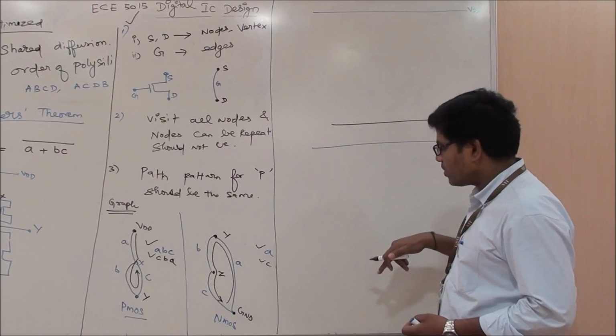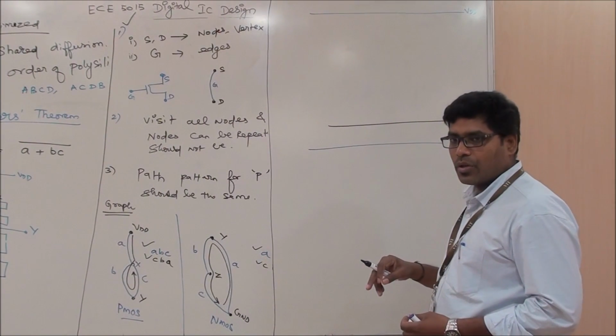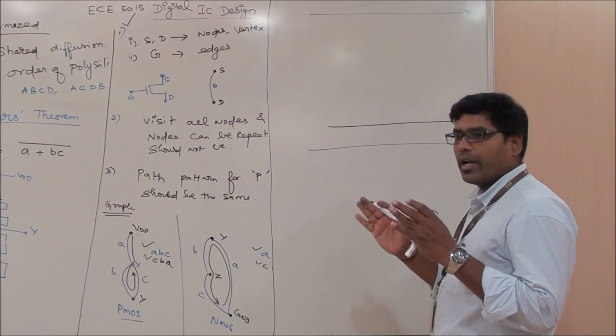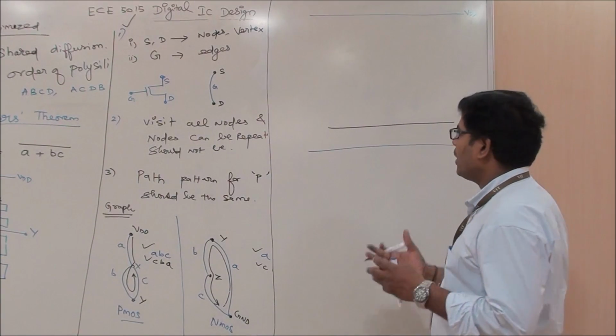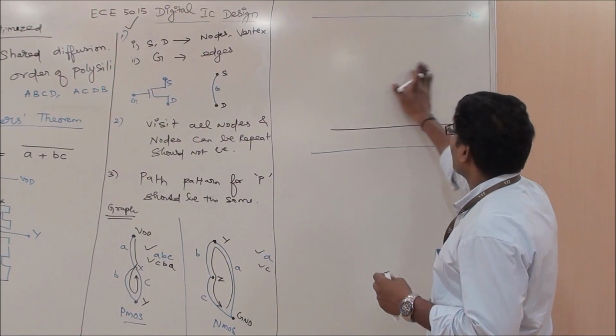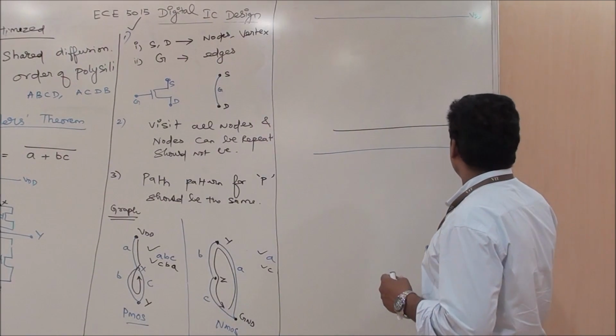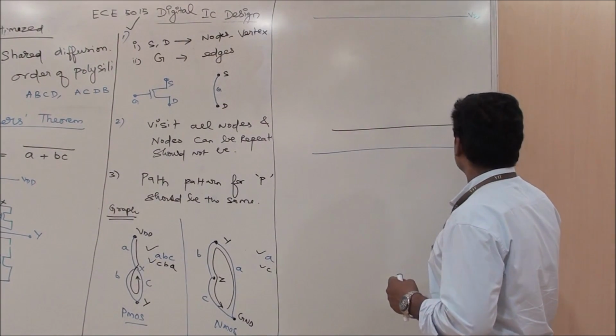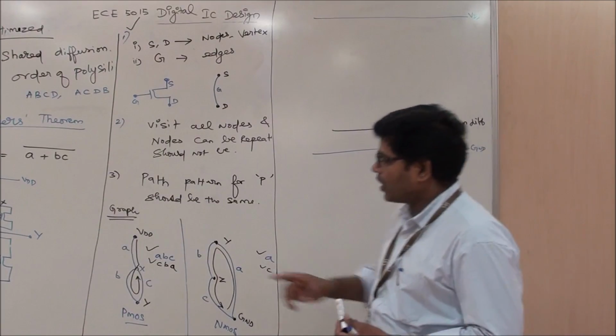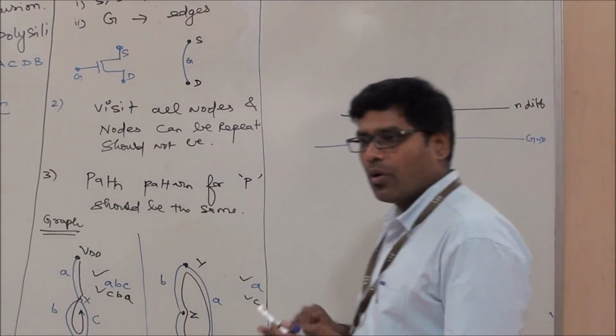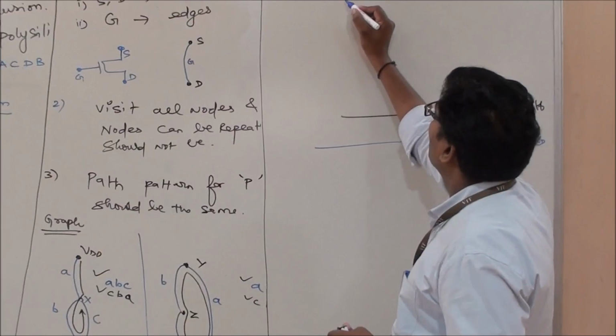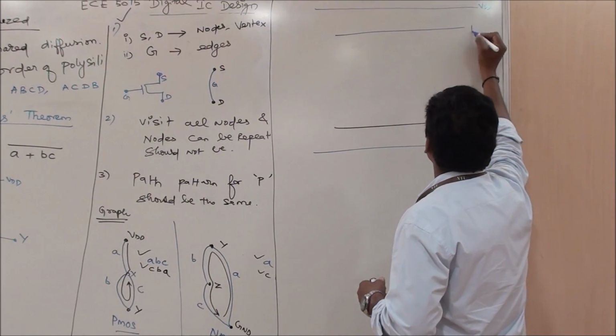In the previous example, I showed you that we had broken it into many N diffusions, and thereby it creates too many capacitances and many problems. So this is my N diffusion. Similarly, for the PMOS network, on the whole, I am going to create one P diffusion.